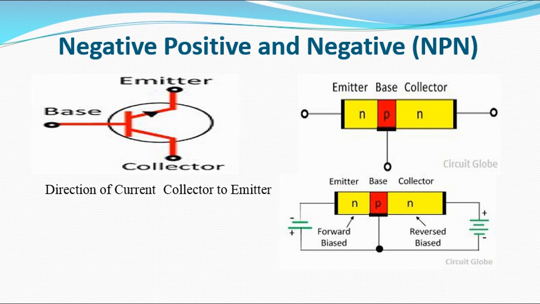It's connected to the positive terminal. And the N-type material is connected to the negative terminal. The N-type is also connected to the negative terminal. So that is to tell you that the P-type connects to positive, while the N-type connects to negative.